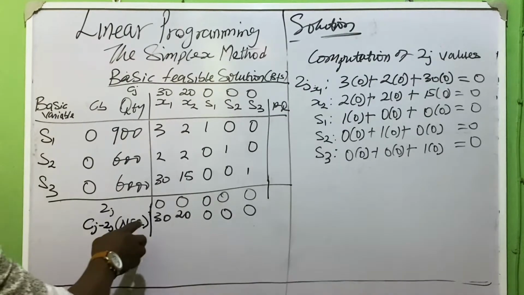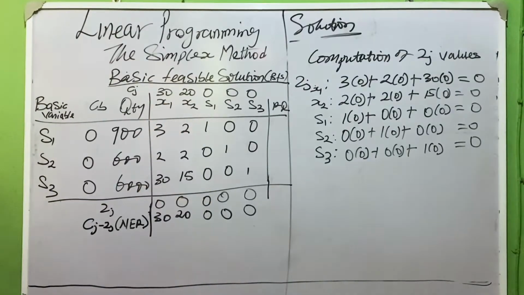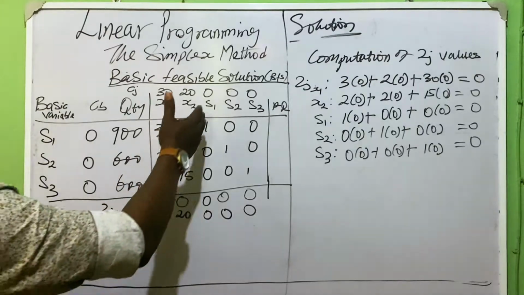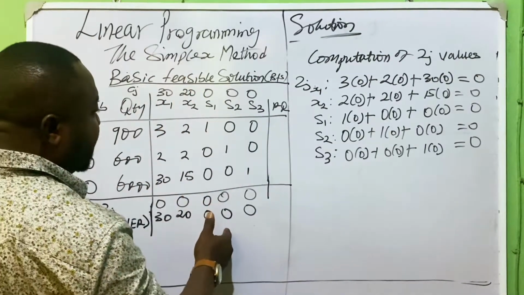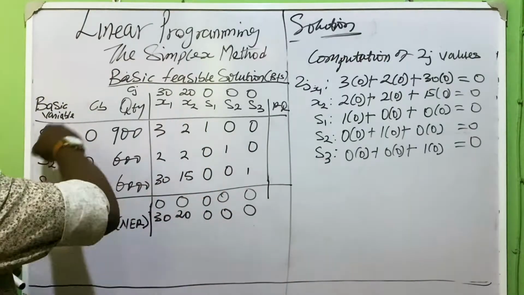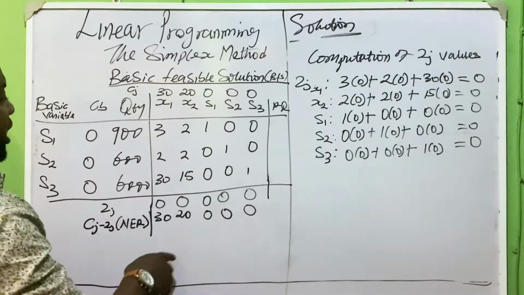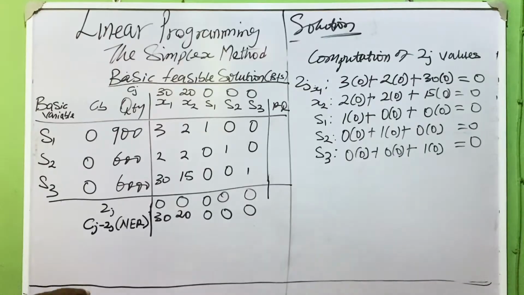But once you have negative values, any non-basic variable that we introduce into the basis will reduce the profit potentials, and the one that has zero values will leave the profit standing unchanged.